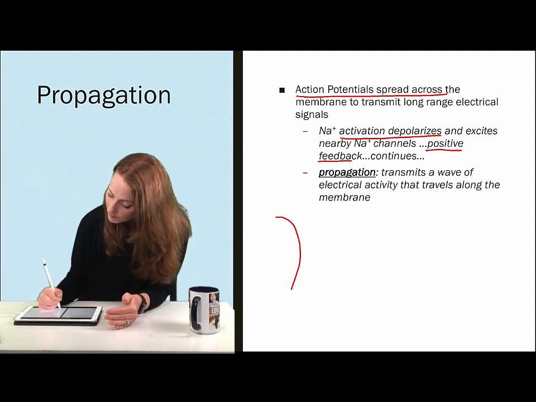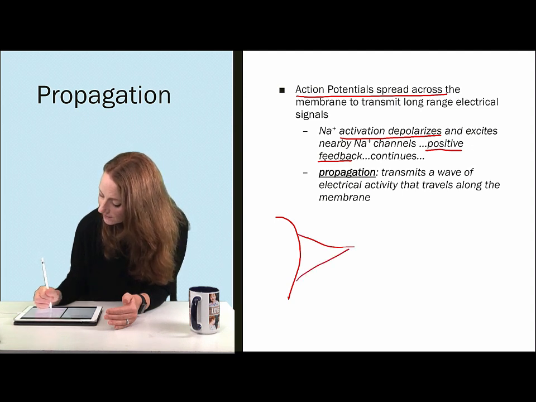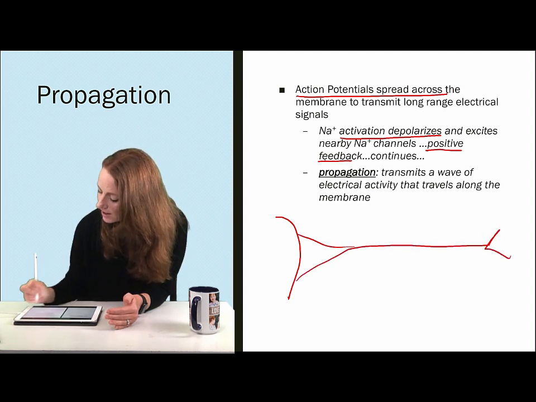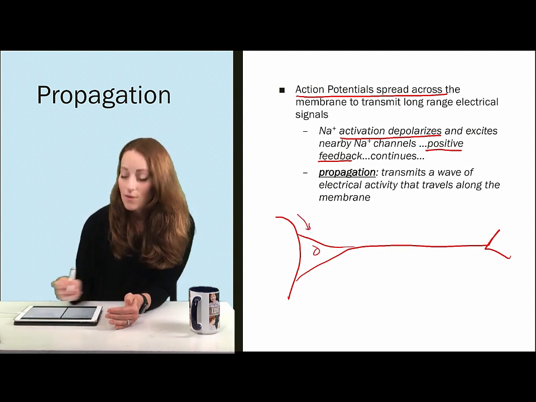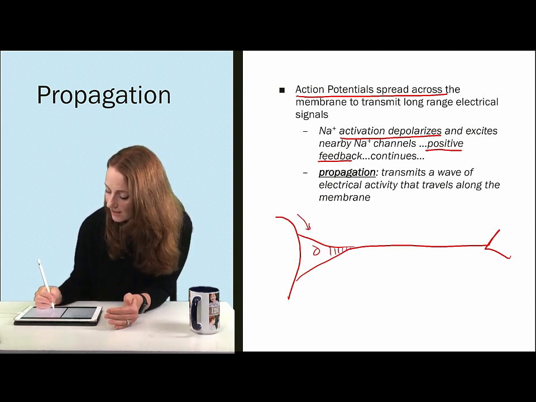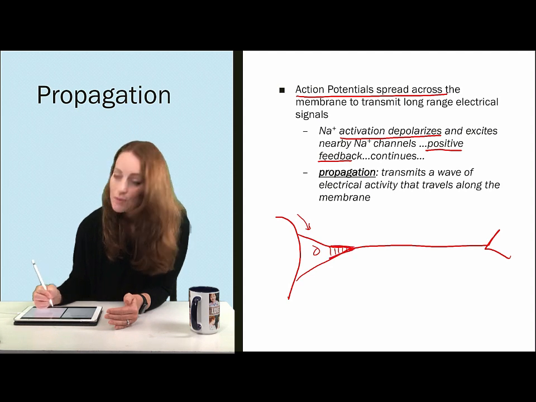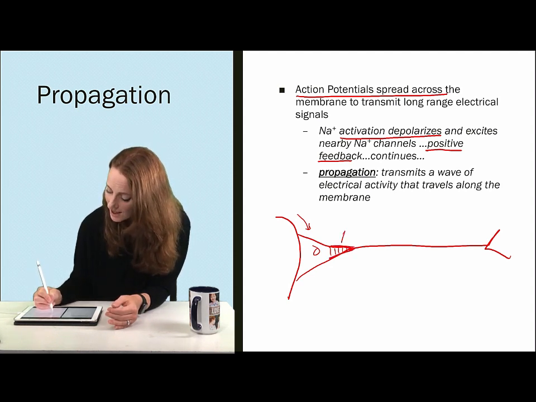So remember, when we're looking at a neuron, that the signaling is directional. The graded potentials come into the dendrite or to the cell body. They add up in a region that is rich in sodium channels called the axon hillock.